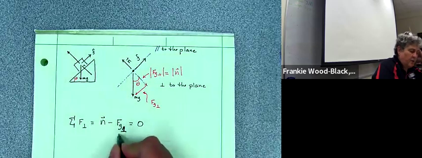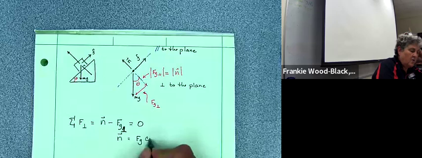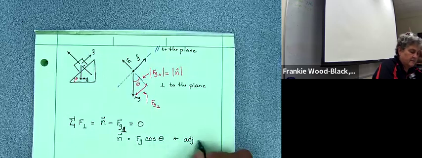So my normal force is going to equal FG cosine of my angle, because this is the adjacent side.